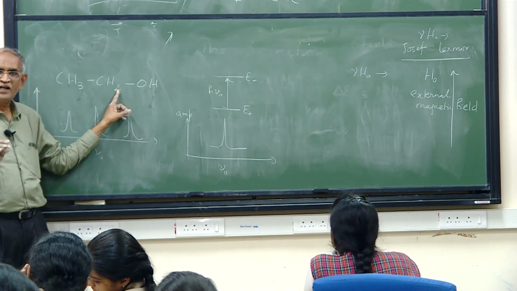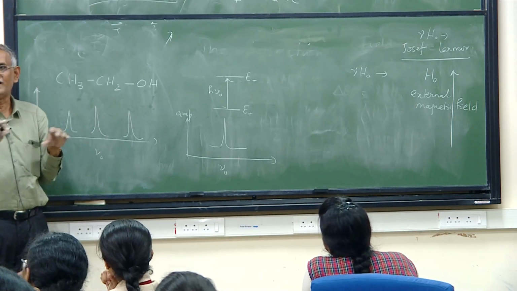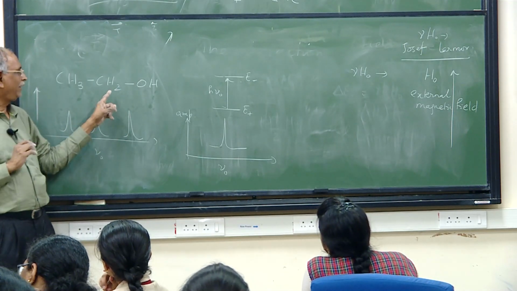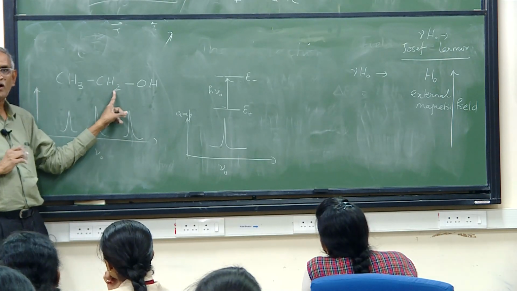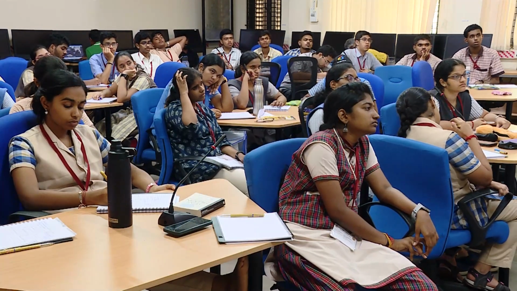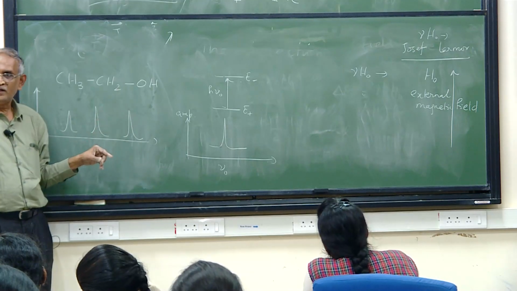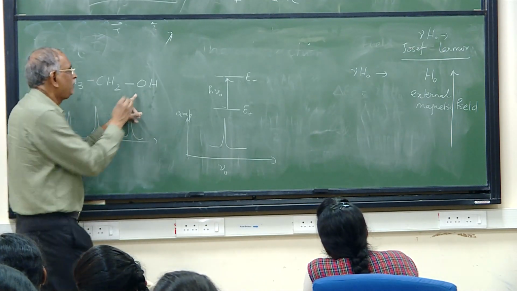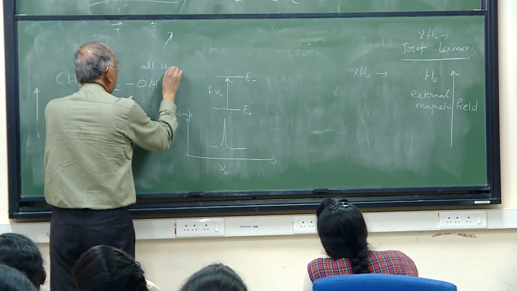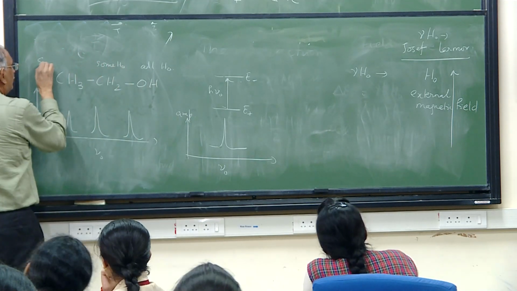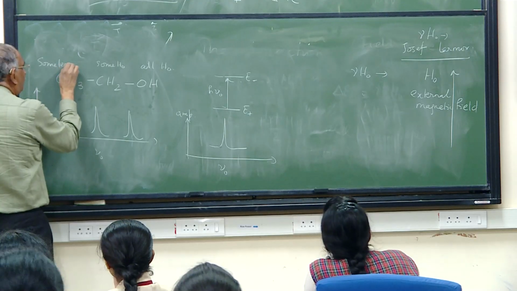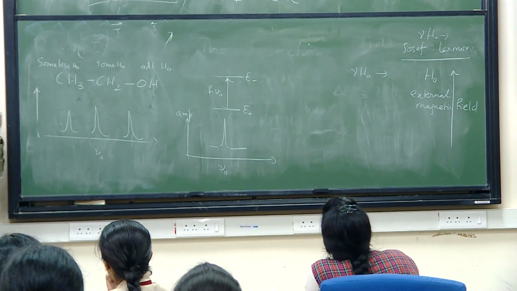This proton is a little this way, that way. It's close to the oxygen, but it's not bonded to the oxygen. Therefore, this proton has magnetic fields from the electrons here. So if this one sees all of H naught, this one sees some H naught, and that one sees somewhat less H naught. Okay?